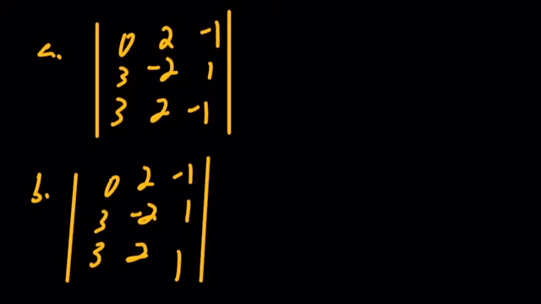And let's look at part A. Do you guys notice something about columns 2 and 3? And if you do, do you remember anything about telltale signs that tell us whether or not a matrix has a determinant of 0?